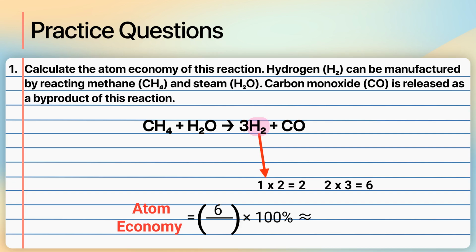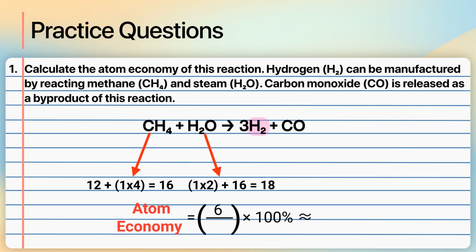Now, calculate the sum of the relative formula masses of the reactants. Carbon has an atomic mass of 12, and hydrogen has an atomic mass of 1. So for CH4, relative formula mass is 12 plus 1 times 4, which equals 16. Hydrogen has an atomic mass of 1, while oxygen has an atomic mass of 16. For H2O, relative formula mass is 1 times 2 plus 16 equals 18.